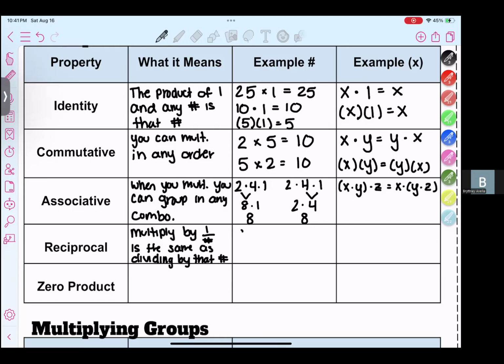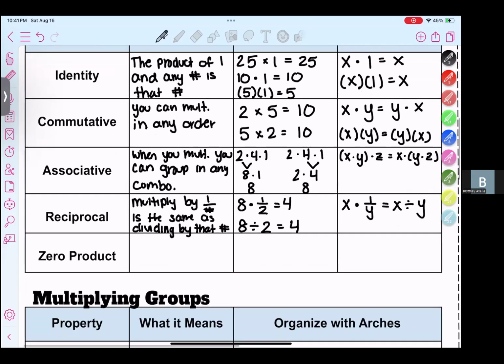So if I do 8 times 1 over 2, that's going to be 8 times a half, which is 4. And if I do 8 divided by 2, that gives me 4. So written out in symbols, we know that x times 1 over y equals x divided by y.